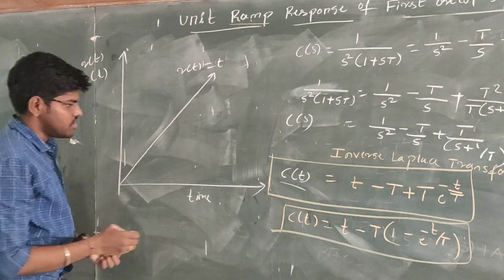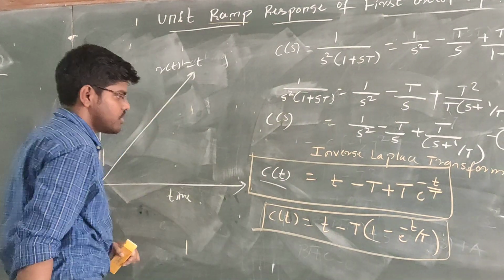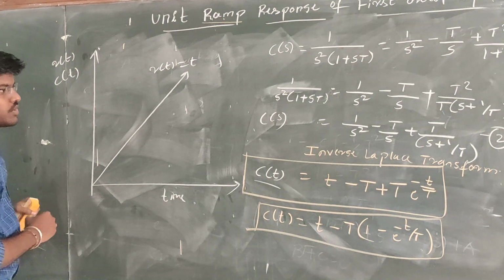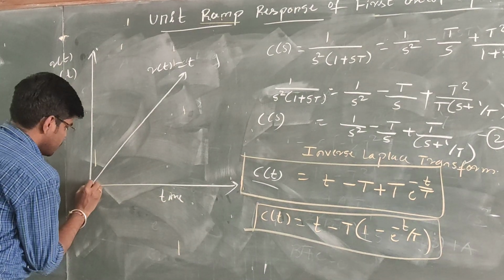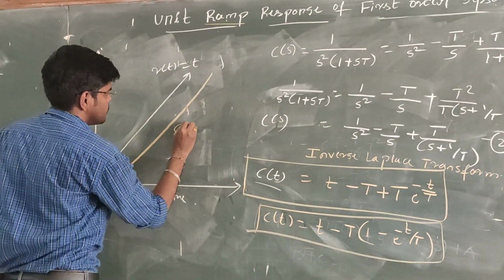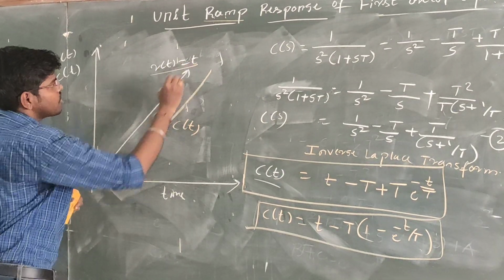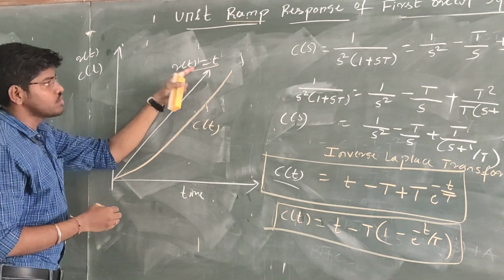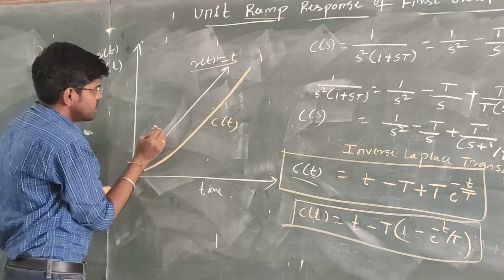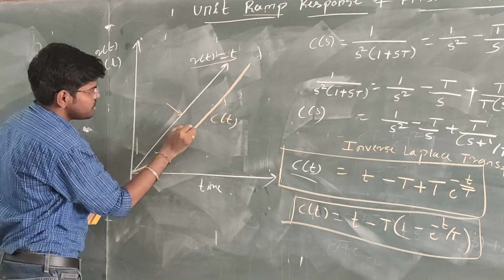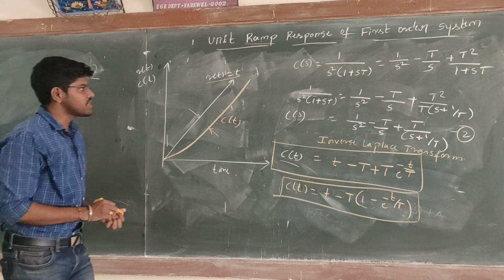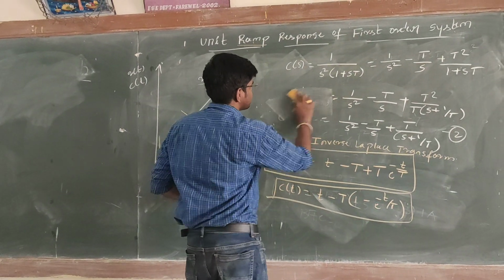Once you plot this equation, C of t equals t minus T plus T e raised to minus t by T, it will be like this. This is the response C of t, and this is the input R of t. When we apply this input to the first order system, the output response will be like this, C of t. And you can observe here, there is an error between these two signals. Okay, so that error can be calculated with the help of the steady state error equation.